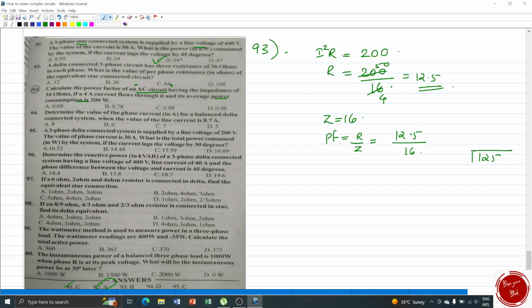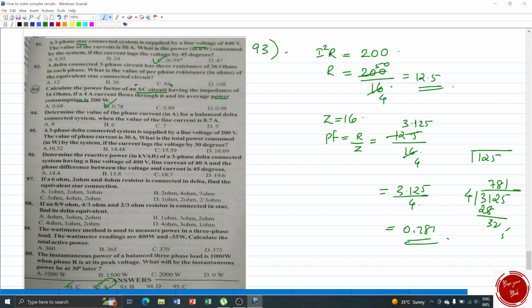I can reduce it by 4: 16 by 4 is 4, and 125 by 4 is 31.25. So again 3.125 by 4, which is 0.781. So 0.781 is the power factor value.